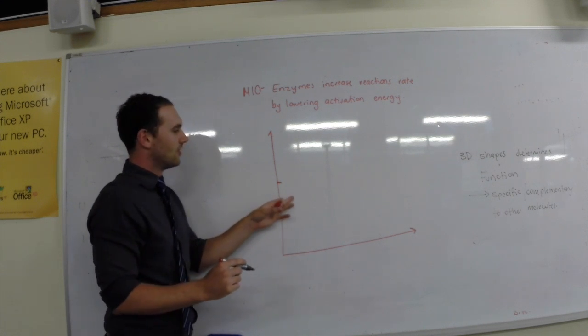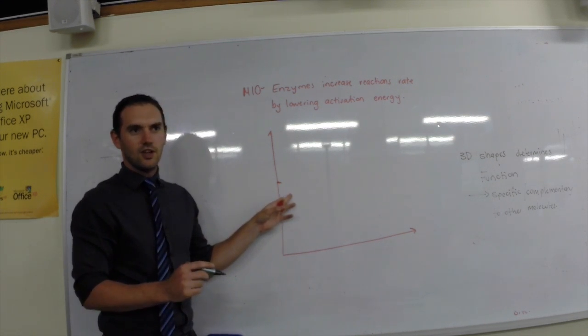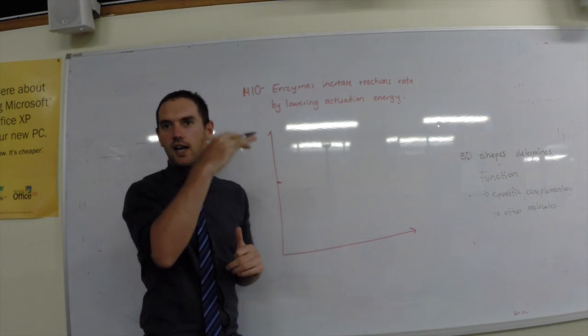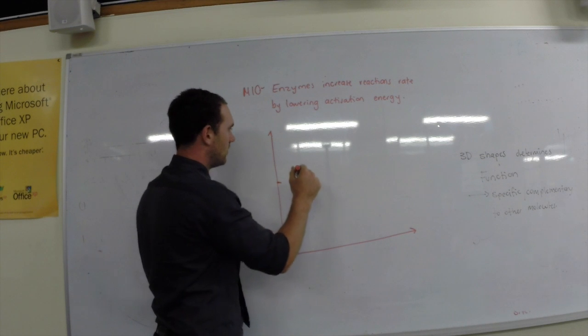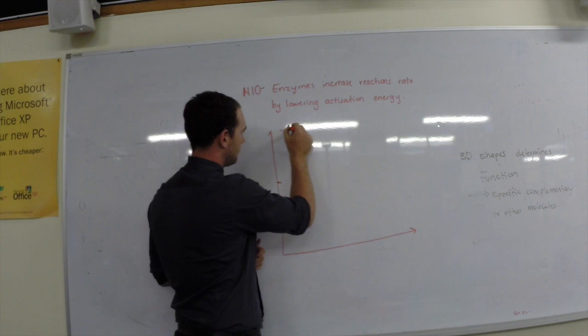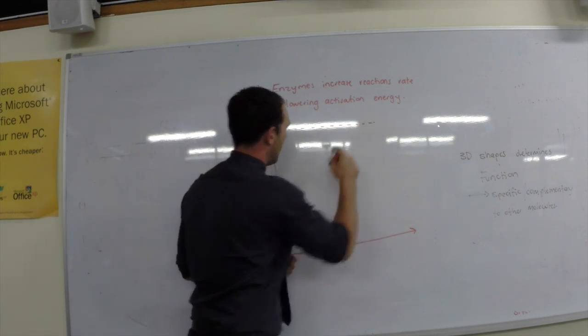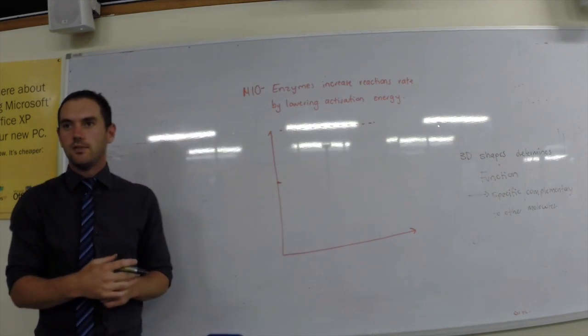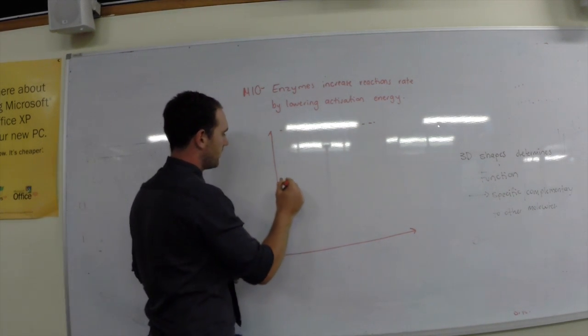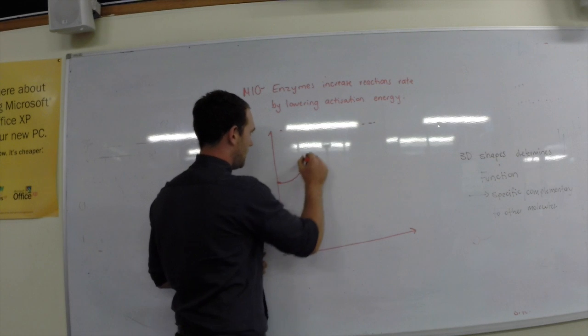Alrighty. So we're going to have an activation height. Let's say we do it without the enzyme. So we're going to have an activation energy, the energy that we require for a reaction to occur.